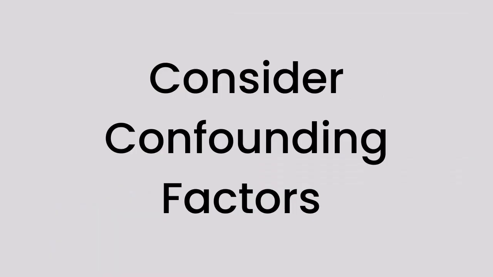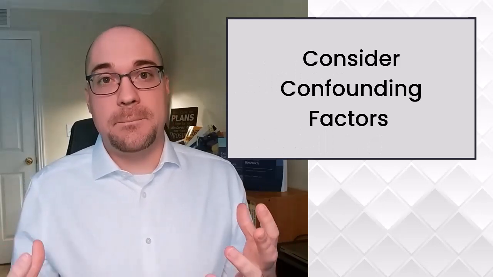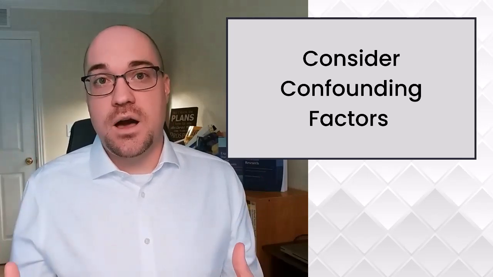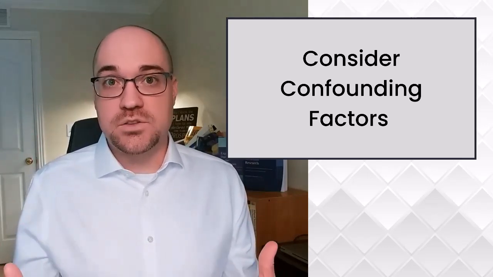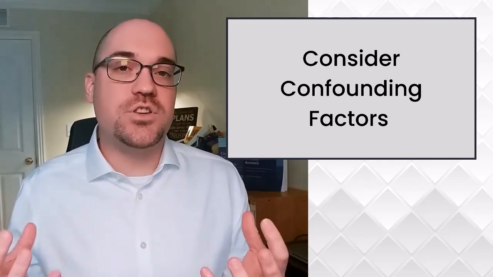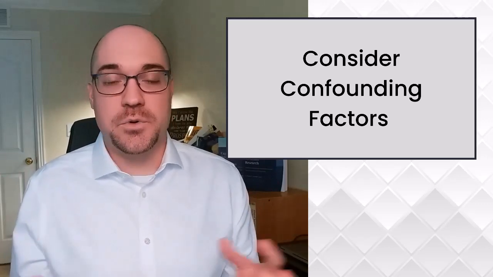Look for confounding factors. Confounding factors are elements of a research study that might introduce bias or skew the results. These are extremely common in quasi-experimental studies where we use previously assigned groups of students, especially in education, because we have lots of previously assigned groups of students. We call them schools and classrooms.